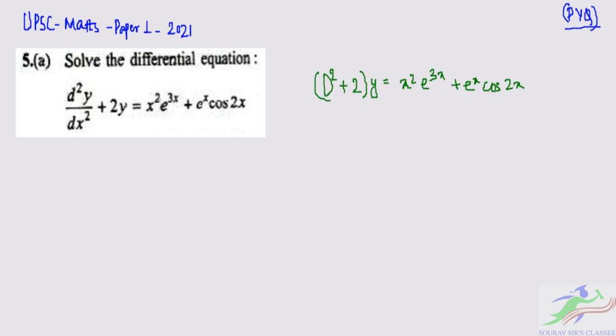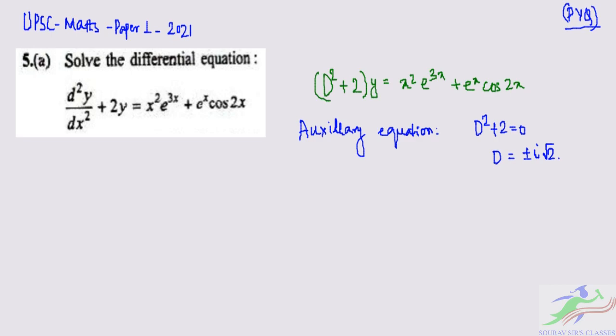Here the auxiliary equation is D² + 2 = 0, so D = ±i√2.